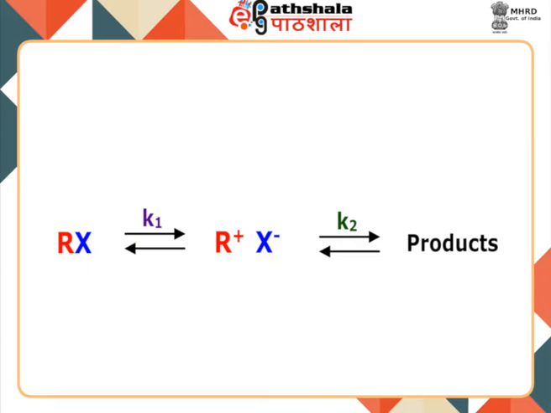RX forms R plus X minus ion pair, which then gives product.